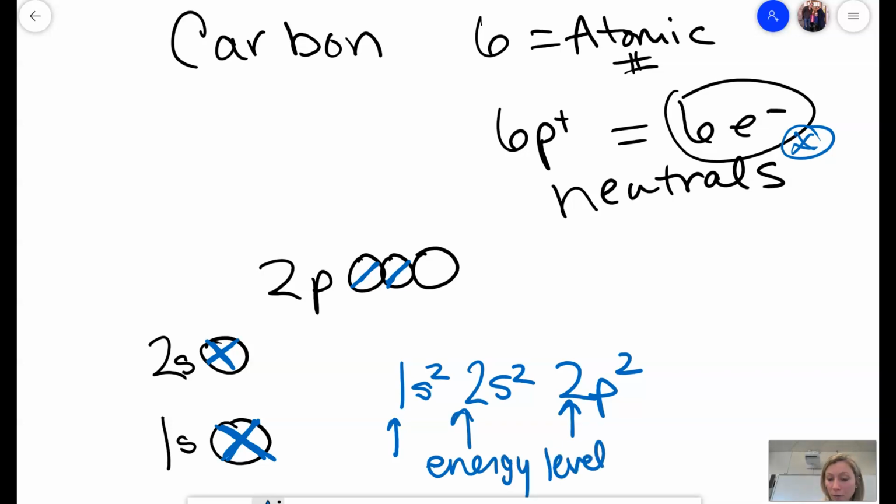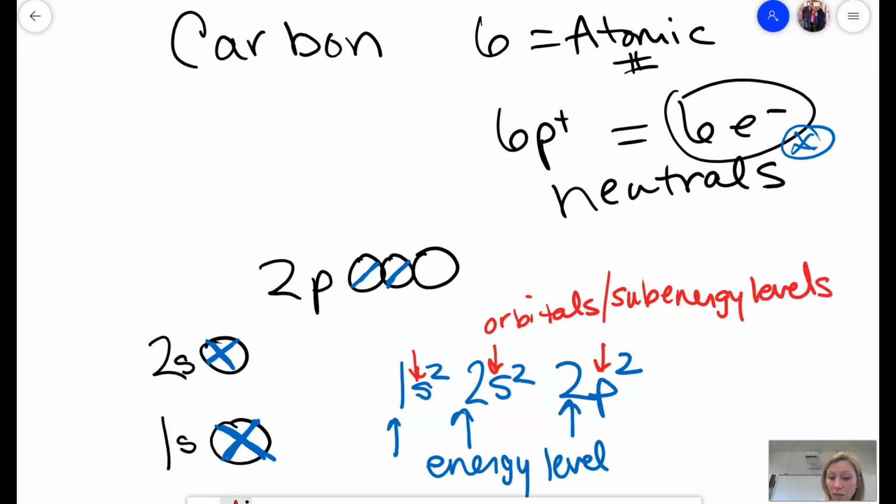We're going to correspond those in just a minute to rows on a periodic table. S and P are my orbitals and my subenergy levels. They tell me where the electrons are going to go. And then the 2's, in this case, are the number of electrons in each.